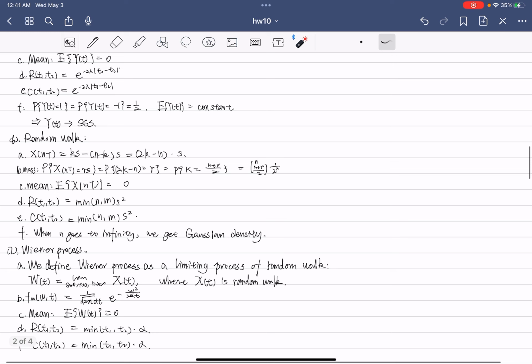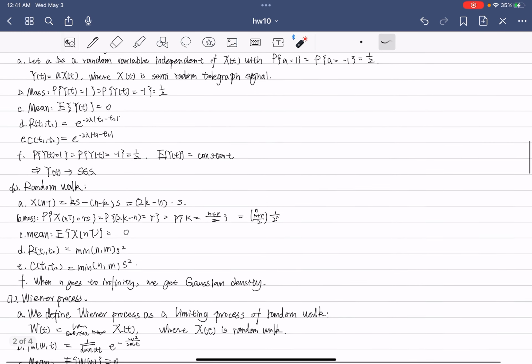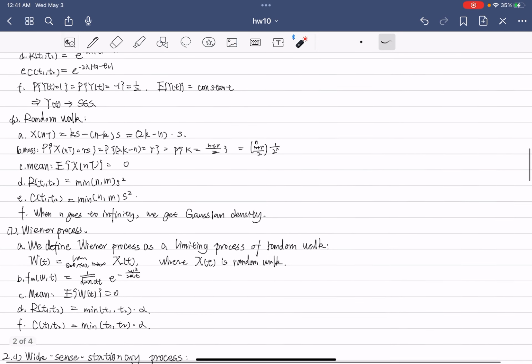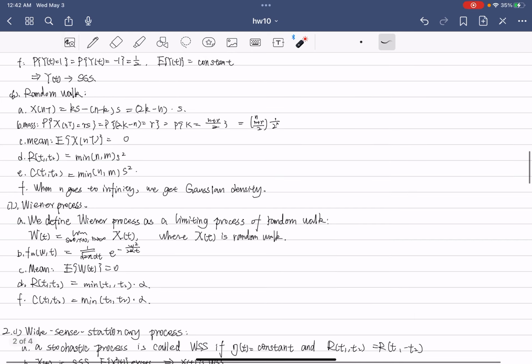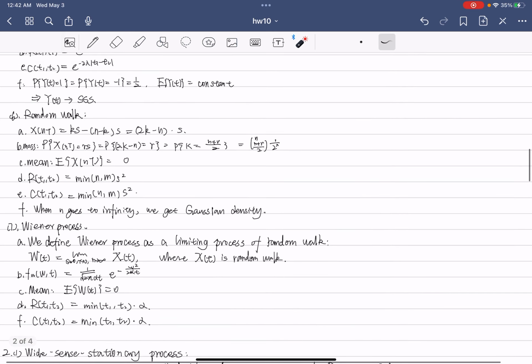The mean is 0, and the autocorrelation equals the autocovariance, equal to the minimum of n and m times s squared. We can find that when n goes to infinity, we get a Gaussian density.